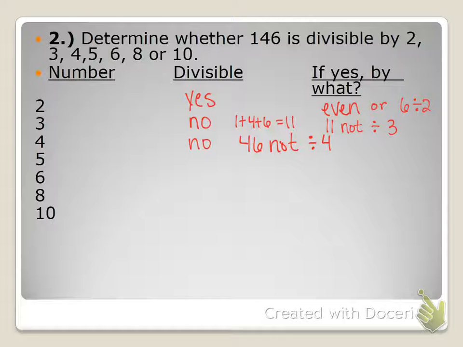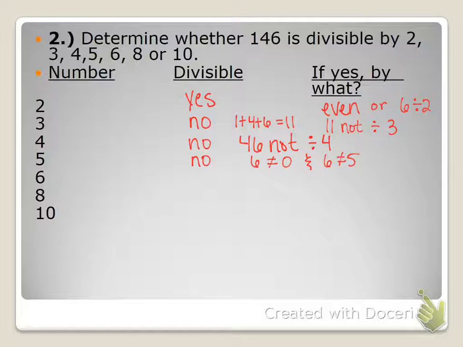What about 5? No, why not? Okay, so 6 is not 0, and 6 is not 5. The ones digit would have to either be 0 or 5.